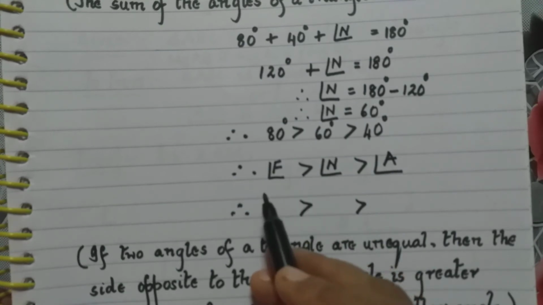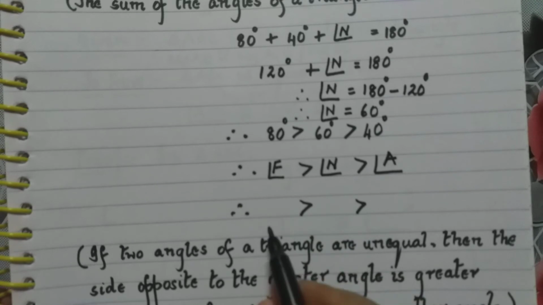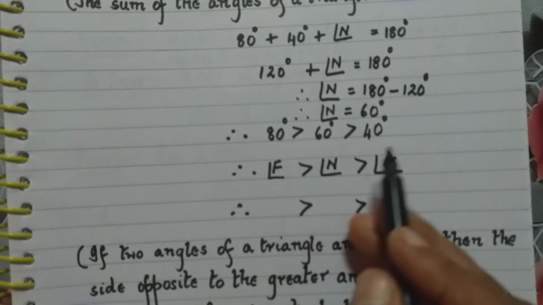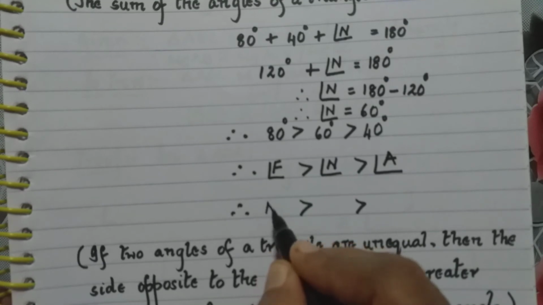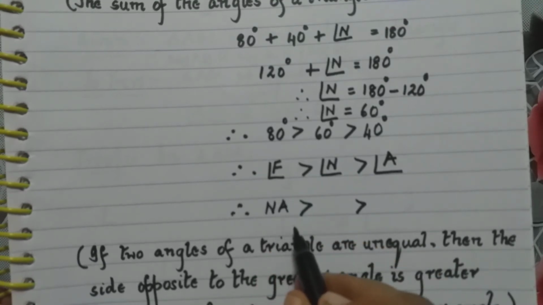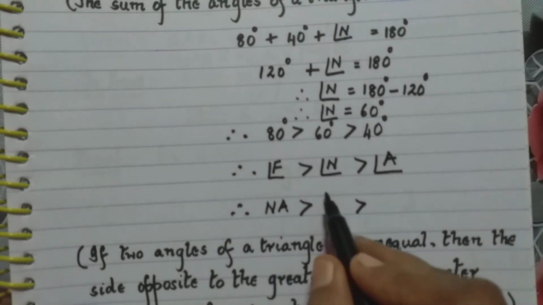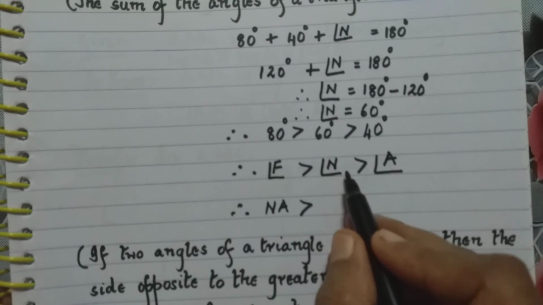The triangle is FAN. So, opposite to angle F will be NA. So, we write here NA.